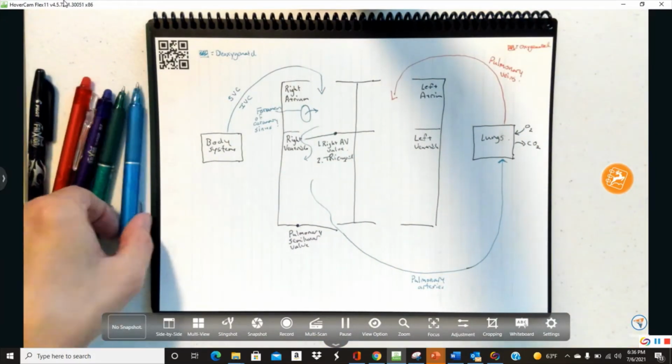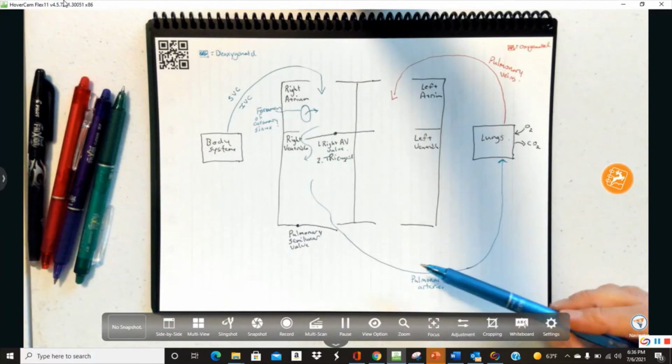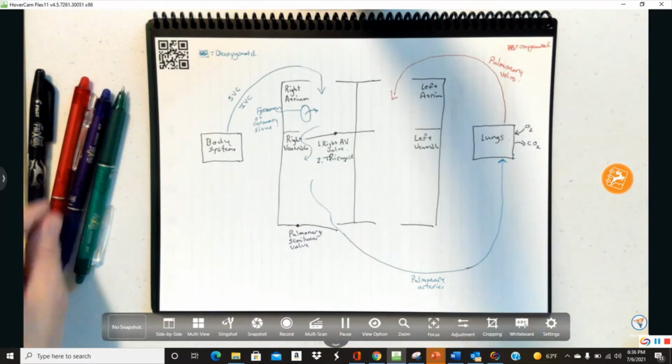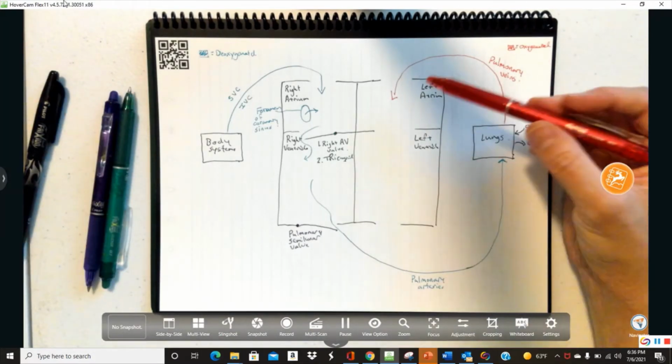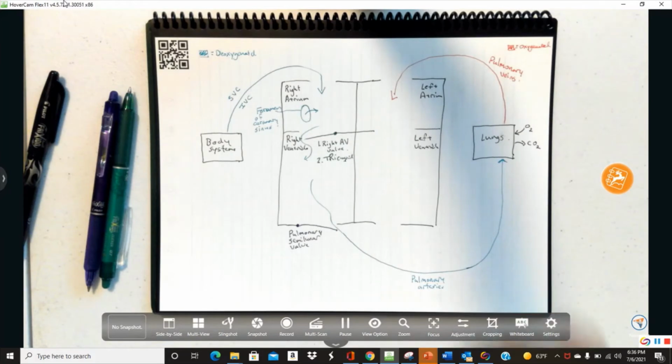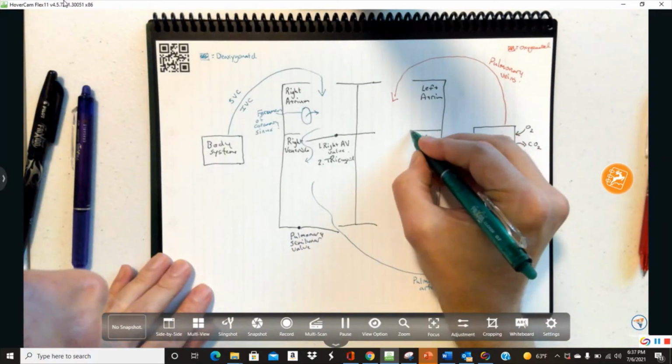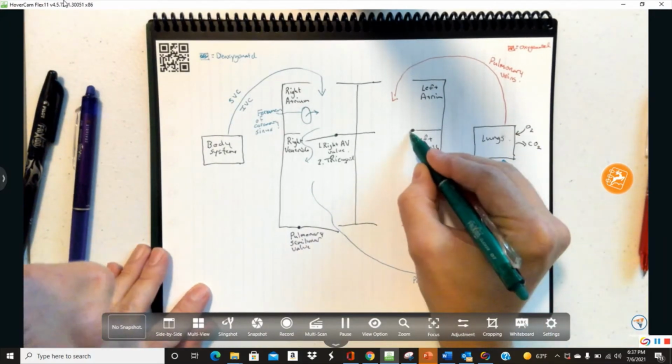Remember the way that we remember that arteries are always away from the heart, and veins go to the heart. So the pulmonary veins carry oxygenated blood, oxygen-rich blood, to the left atrium. And there are two pulmonary veins on each side, two left, two right. And as that happens, of course, we have our trapdoor here.